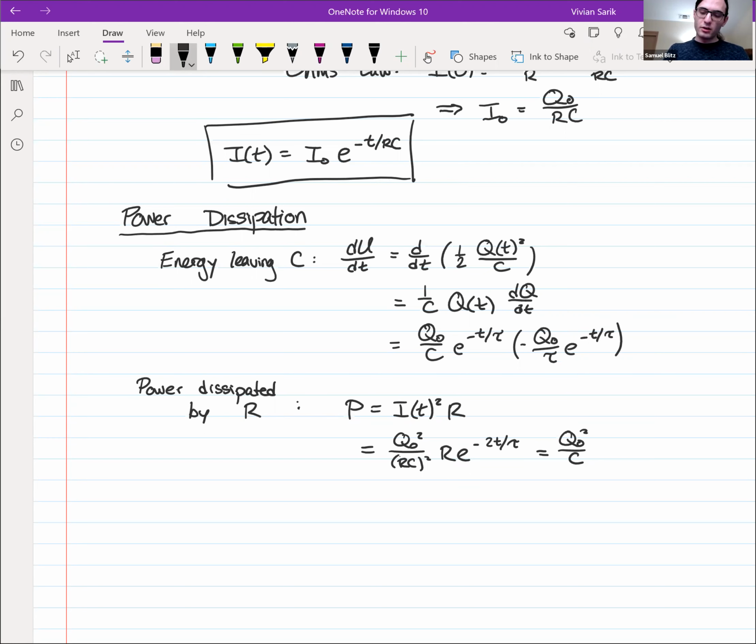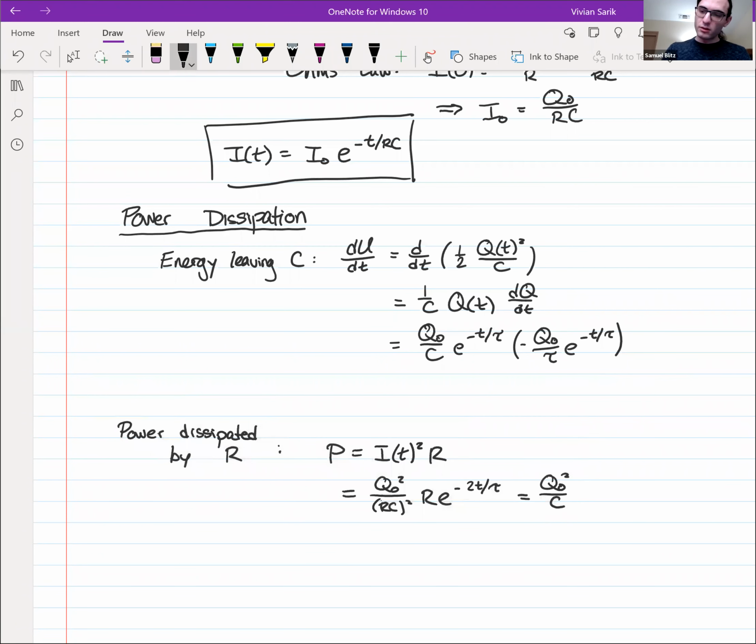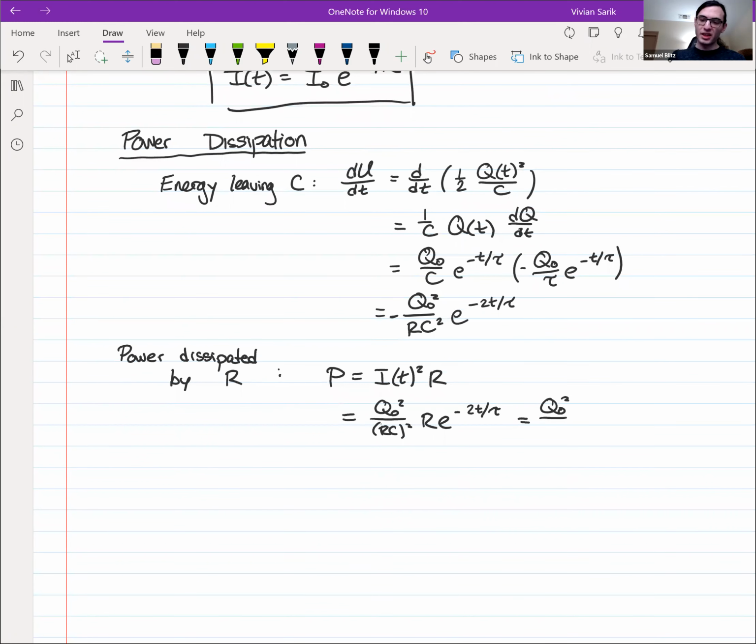All right, let me move this down. So we have Q naught squared divided by RC squared. There we go, that's better, with a minus sign and then an e to the minus 2t over tau. Okay, so now we find, unsurprisingly, that it does check out.